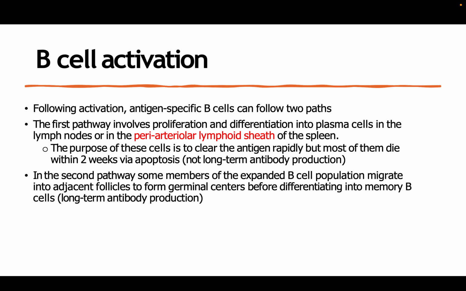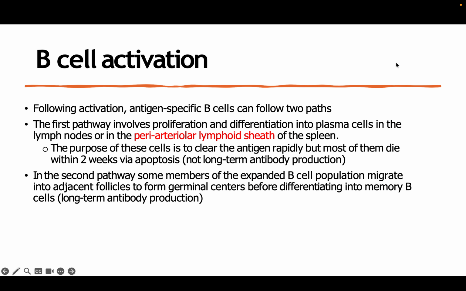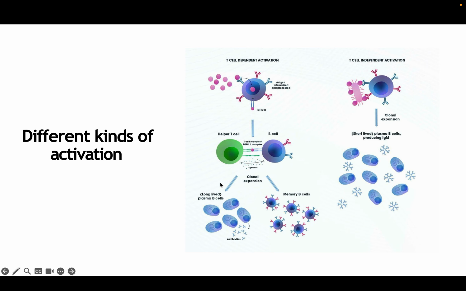So once you have the activation, either through T cell dependent or T cell independent, you have two pathways. Either these cells become plasma cells, meaning they become some sort of B cell, which we call plasma, that create antibodies. These are more specialized B cells that create antibodies. Or they create memory B cells.